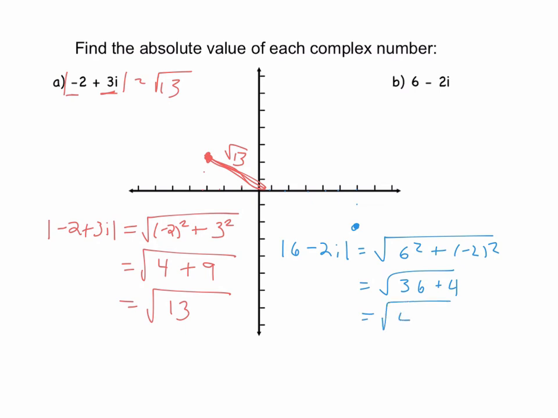So I end up with the square root of 40. And the absolute value is the square root of 40, which should be this distance.